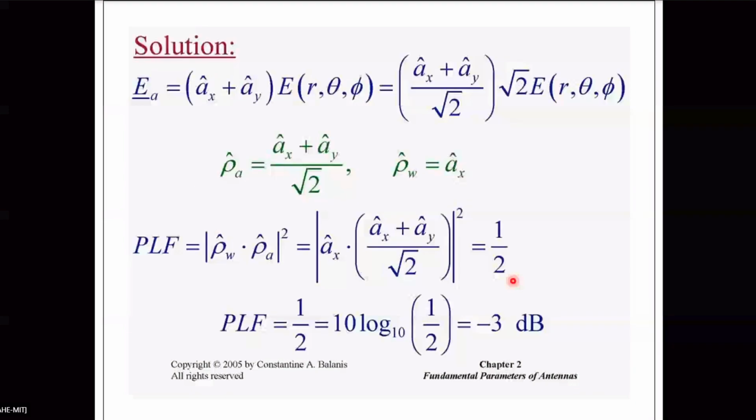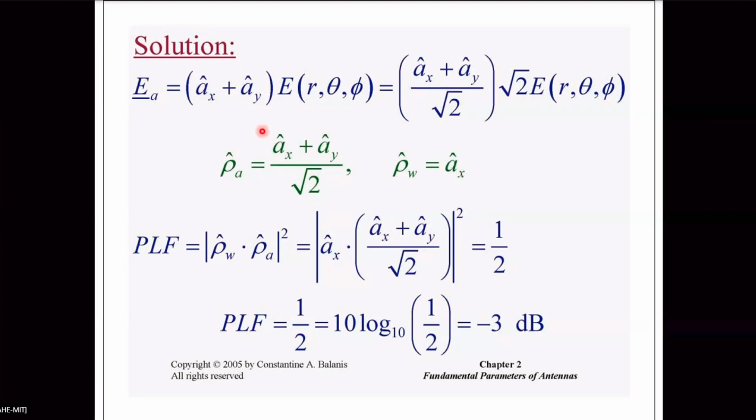So now find, how do you find rho A? EA is given. You have to find the unit vector corresponding to EA. How do you get a unit vector? Vector divided by the magnitude of the vector. You treat this as the vector and divide by the magnitude of the vector.